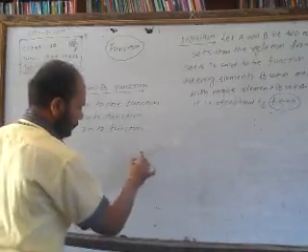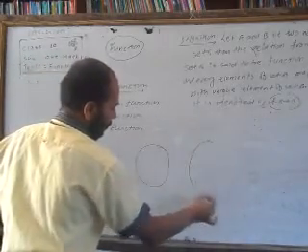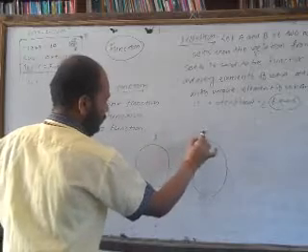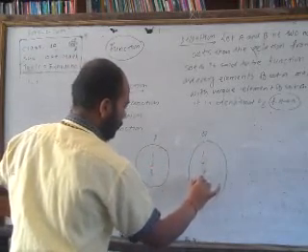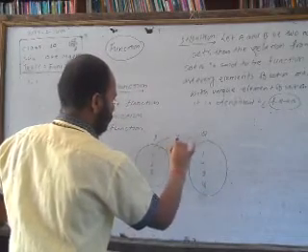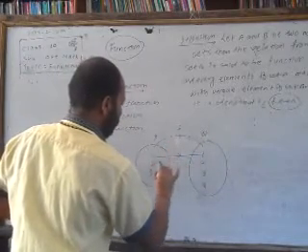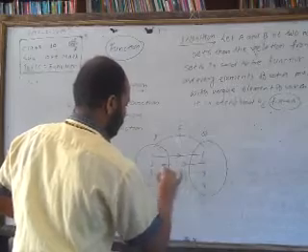Now look here. Here we have P, Q, 1, 2, 3, and 1, 4, 9, 16. First, 1 maps with 1.